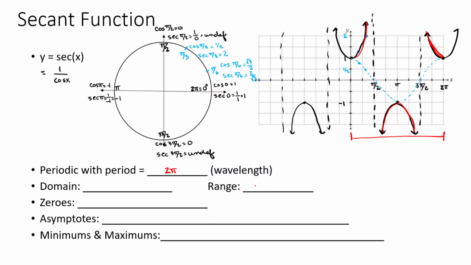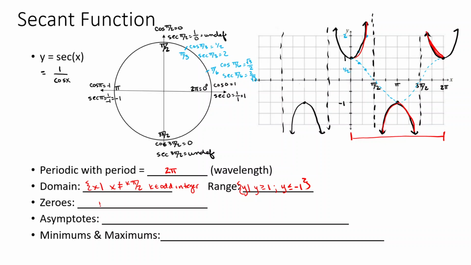Our range is everything greater than or equal to 1, or less than or equal to -1. Okay, and our domain is x not equal to all of the k pi halves, where k is an odd integer.